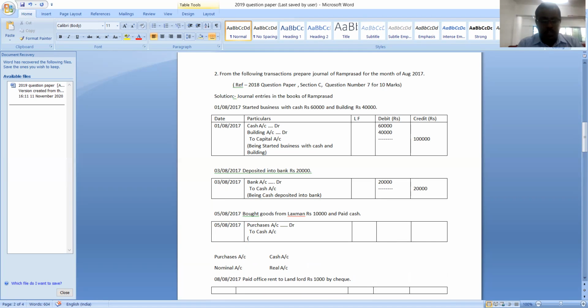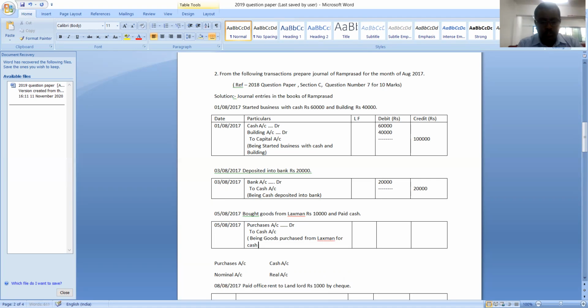In brackets we should write the narration, and this narration starts with what? Being. So what is the narration now? Being goods purchased from Lakshman for cash.